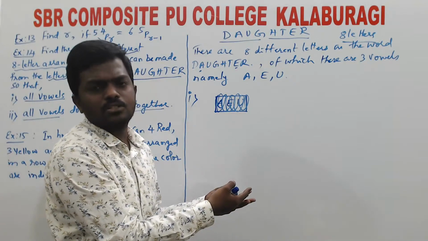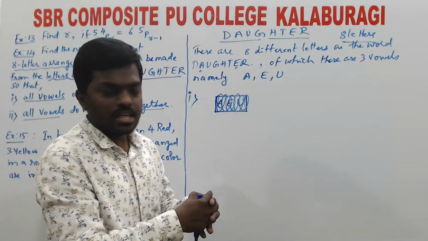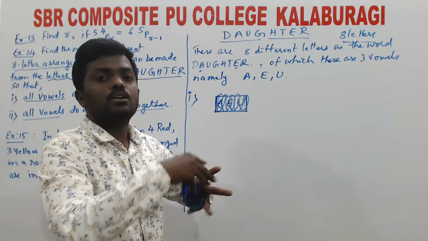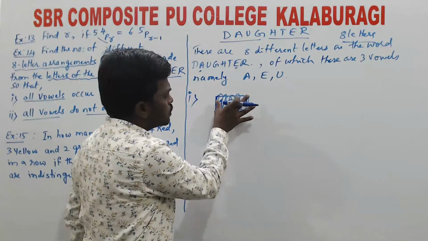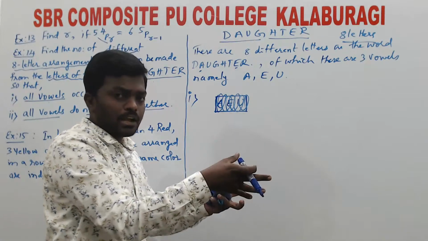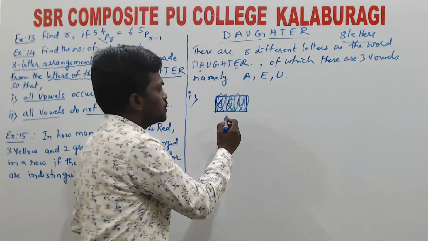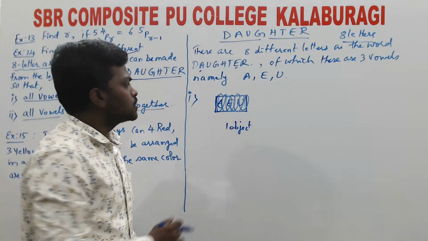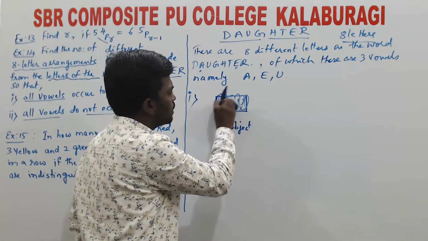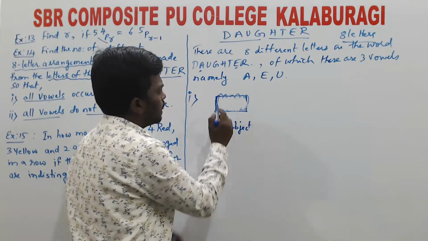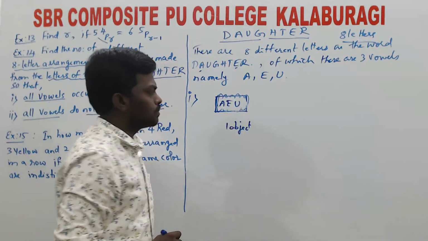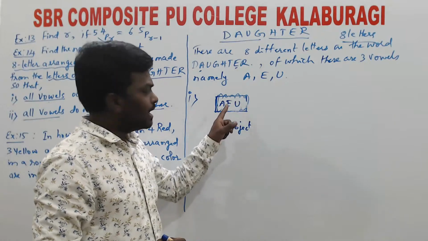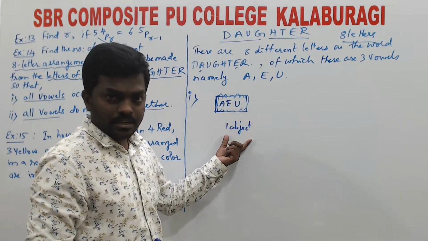You can say there are three friends, the vowels A, E, U. They should occur together means bind them together. So take all the vowels and put them in a box. So this is nothing but one object, with the letters A, E, U. For the time being, let us consider this as one complete object.